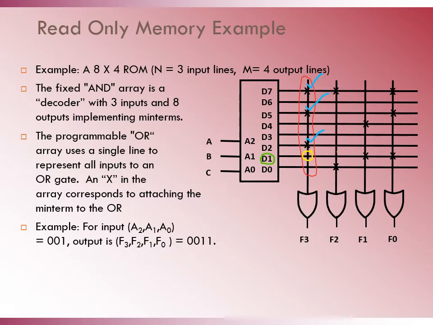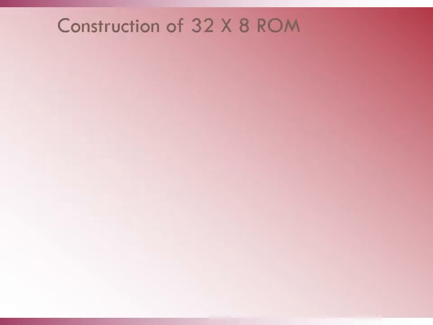At location F2 the data again is 0, so again no connection is made. Whereas at location F1, since the data to be stored is 1, a connection is made corresponding to that crossover point. Similarly at F0 also, the data which is to be stored is 1 and hence again a cross is made at that crossover point.